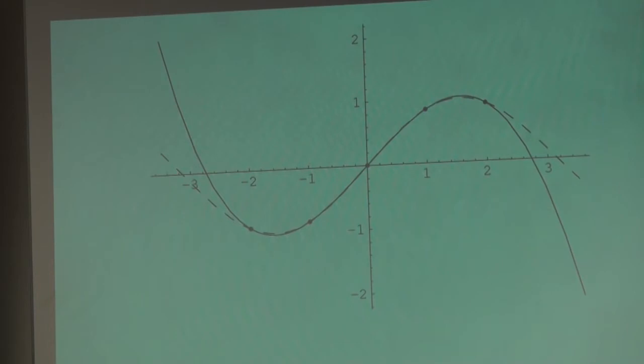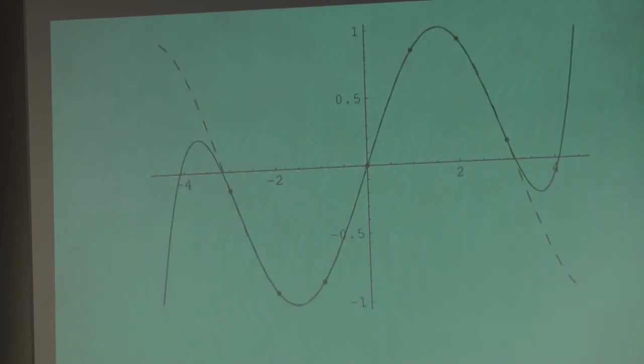And if we take more points, we get an even better approximation. So now we took points between -3 and +3, 7 points. And here we get quite a good approximation. Of course, outside the interval, we cannot fix the polynomial.